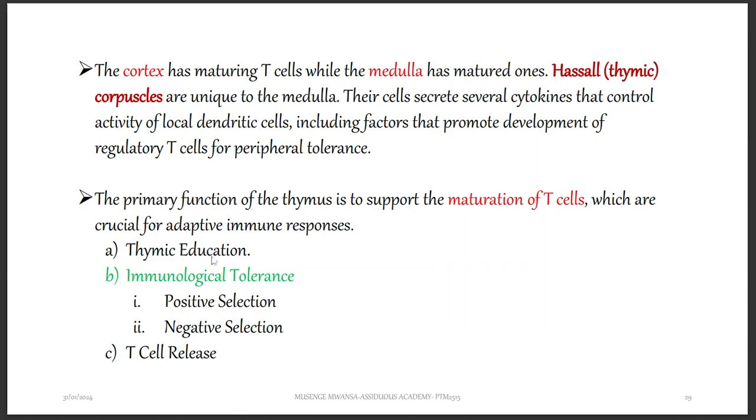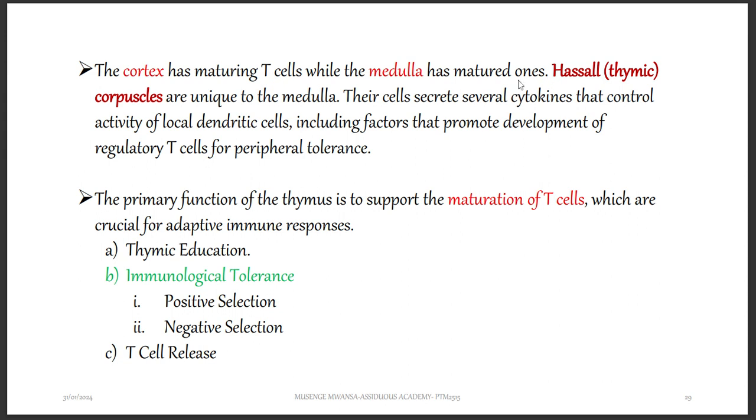So the cortex of the thymus, which is more dark, has maturing T cells. That is why you find T cells which are maturing in the cortex. But the medulla has T cells which are already matured. You also have one important thing known as Hassall's corpuscle or the thymic corpuscle.